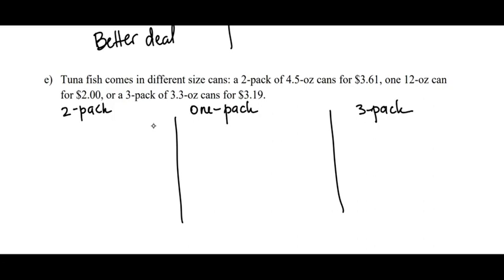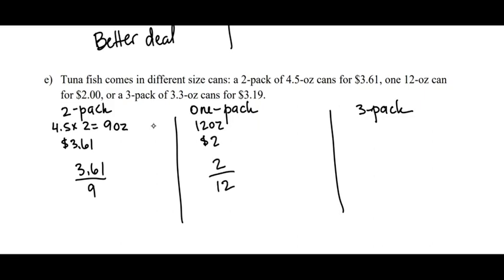All right. So in the 2-pack we have 4.5 times 2, we have 9 ounces, and they cost $3.61. So we have 3.61 over 9 ounces. In the 1-pack we have 12 ounces, so we don't need to multiply anything, and that costs $2. So we have 2 over 12. And in the 3-pack, we have 3.3 ounces times 3, so the total is going to be 9.9 ounces.